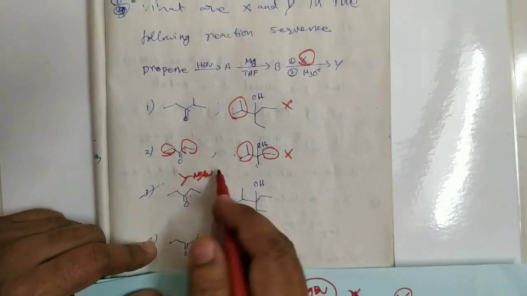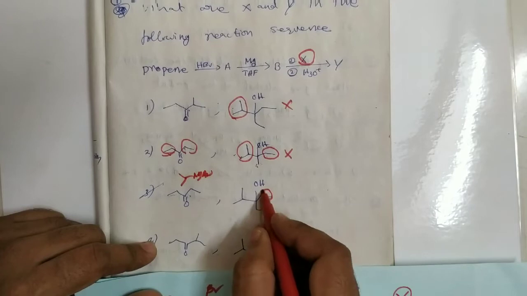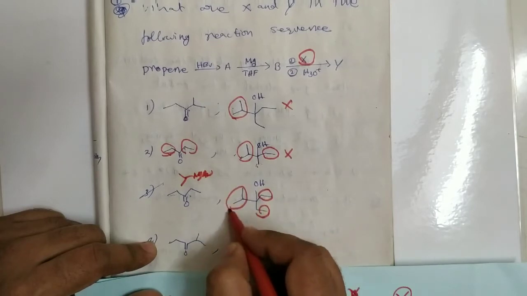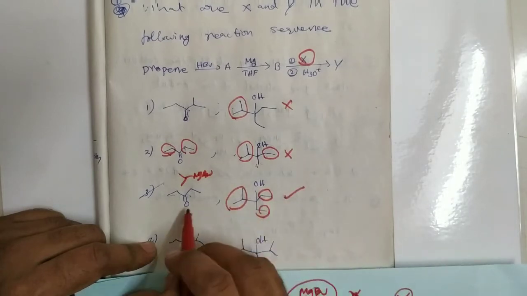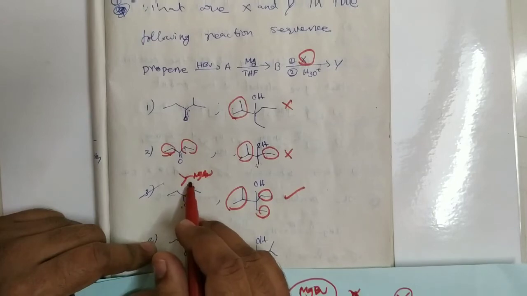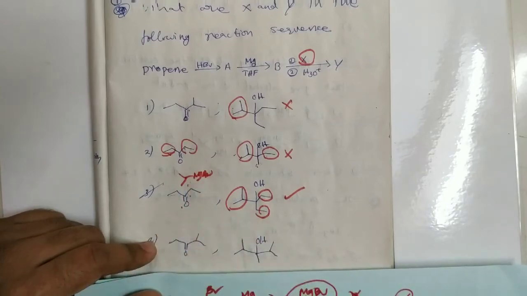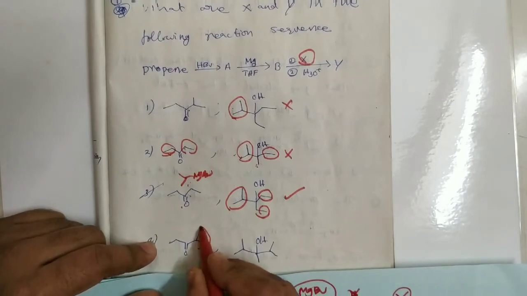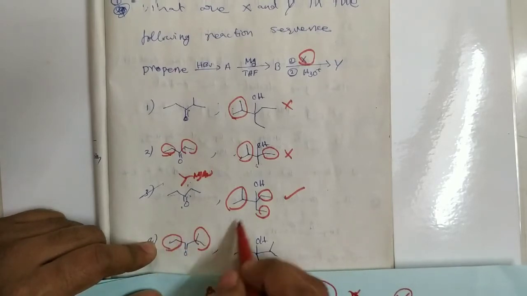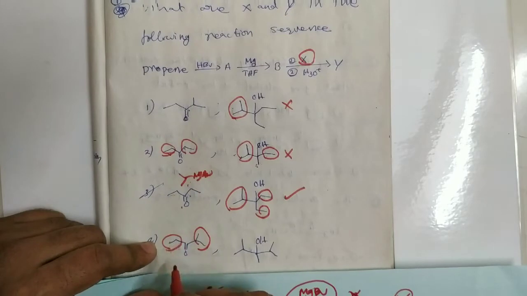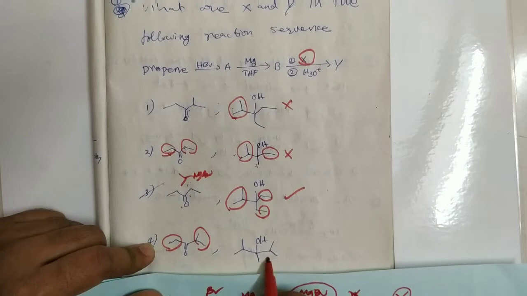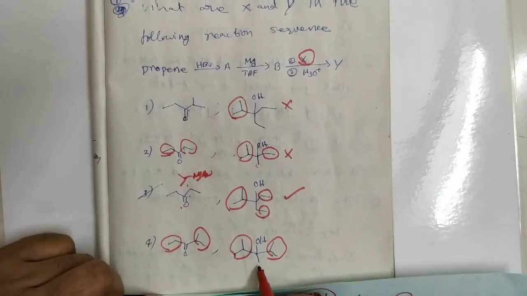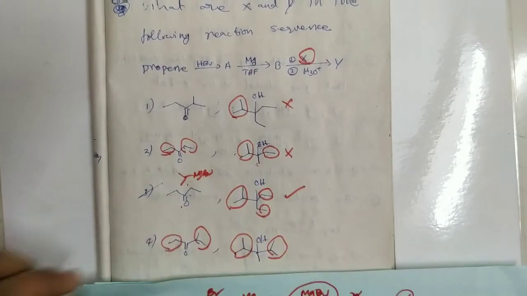That means in the product there are 2 ethyl groups and 1 isopropyl group, so this compound on addition with isopropyl magnesium bromide is the correct option. Again in the other case, this is isopropyl and this is ethyl, and adding isopropyl magnesium bromide, the product contains 2 isopropyl groups and 1 ethyl, and here the methyl is given, so option 3 is the correct one.